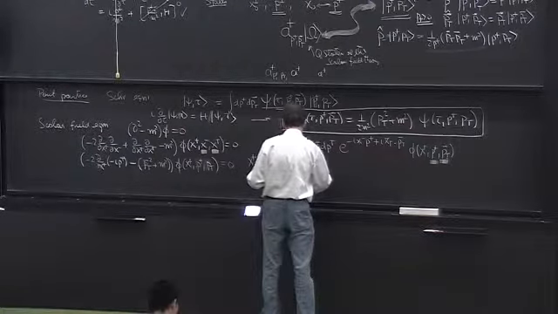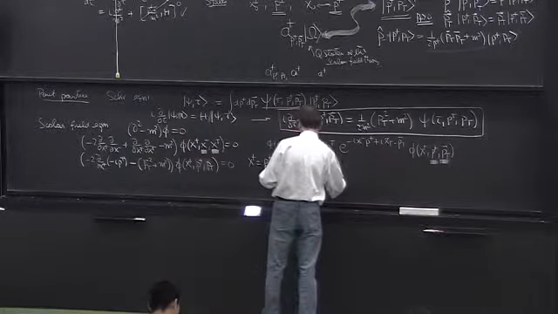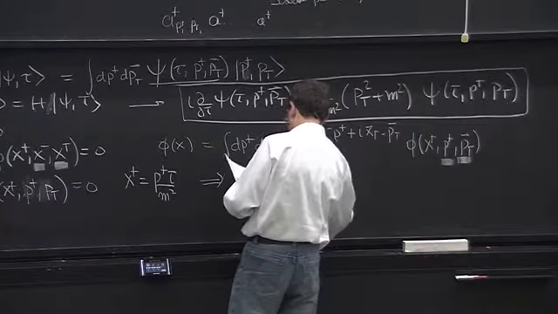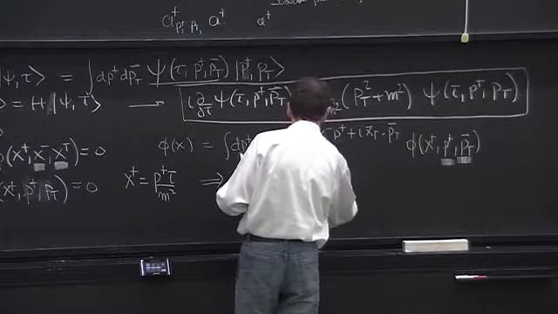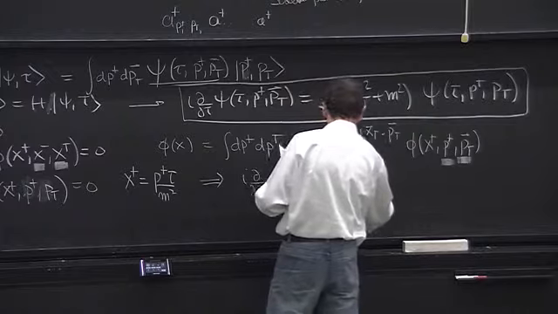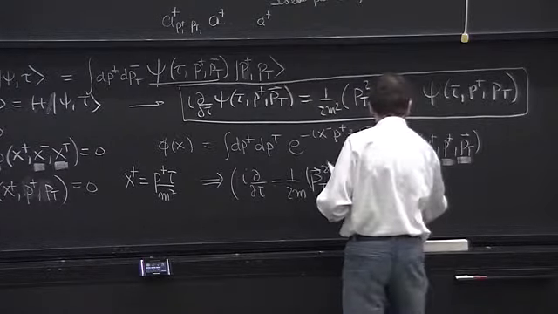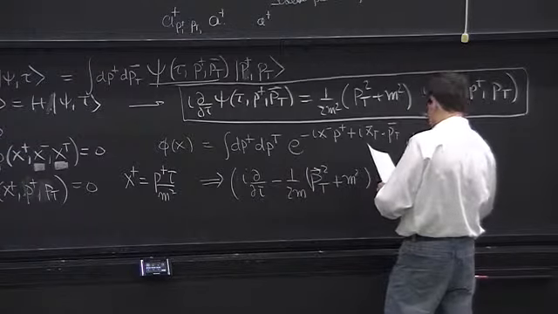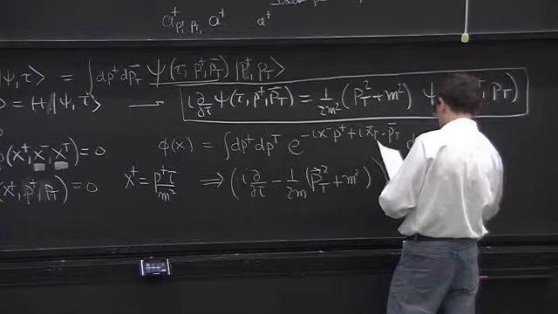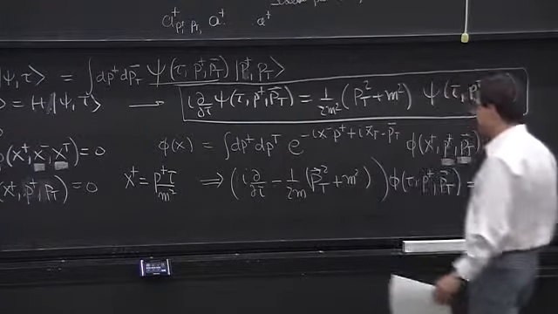You get i d/dτ minus 1 over 2m, p transverse squared plus m squared, phi of τ, p plus, p transverse equals 0.